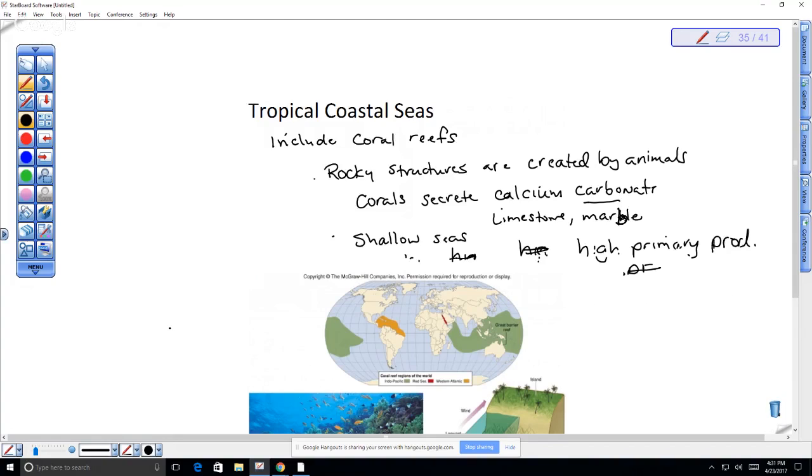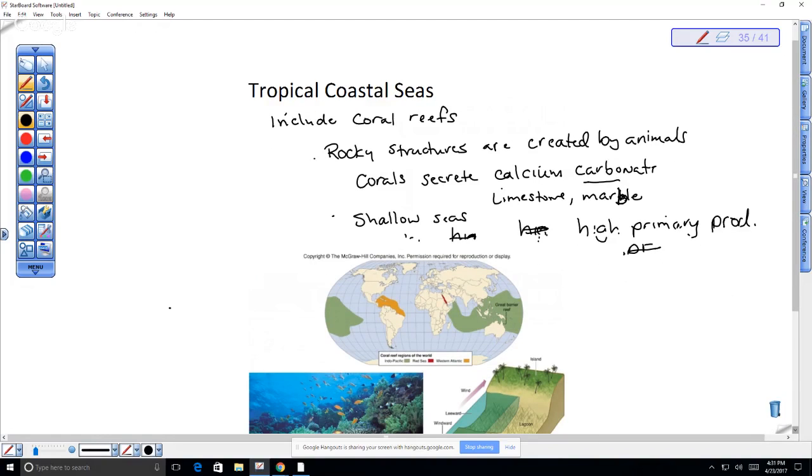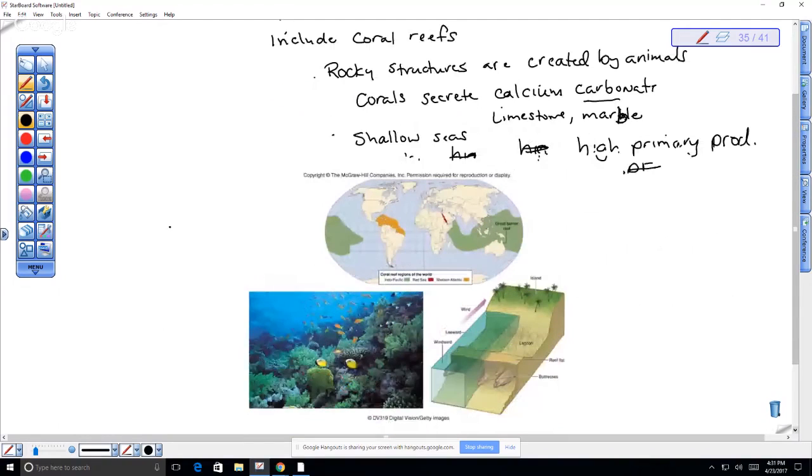One of the things about the reefs is that they are very protective of the mainland. Here you can see the reef structure, and this is a lagoon. When storms come in, the energy actually hits the coral reef first, so a lot of the energy doesn't make it to the shoreline.